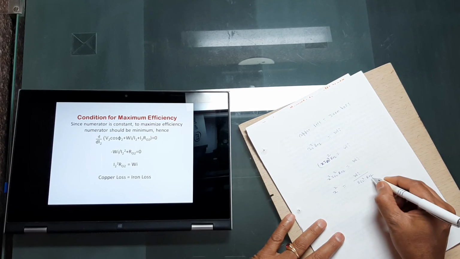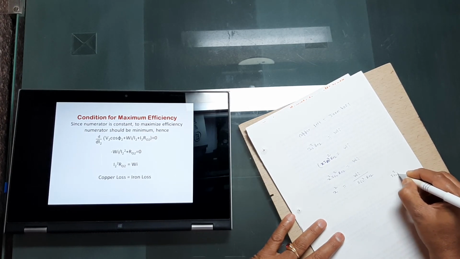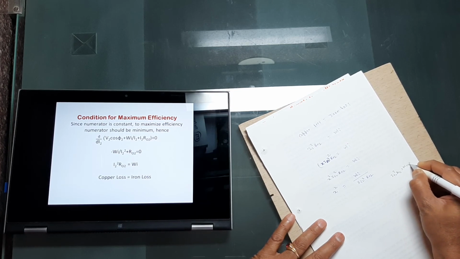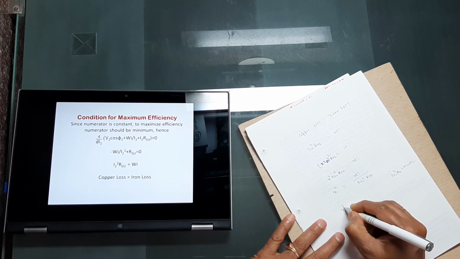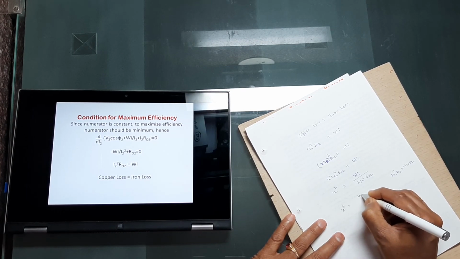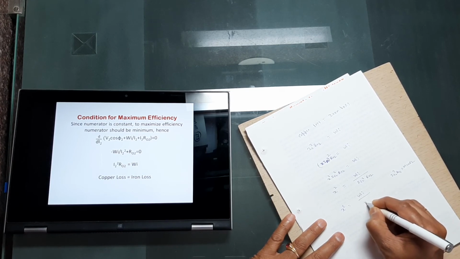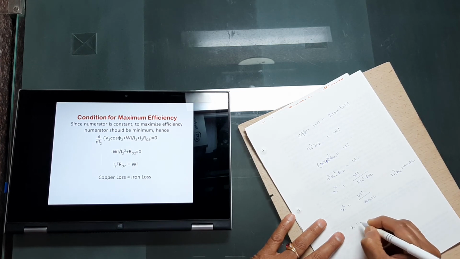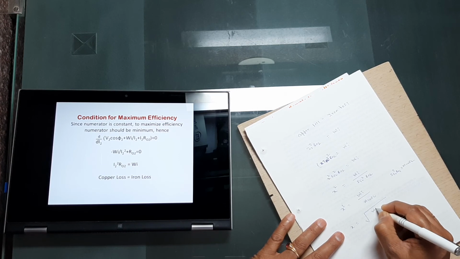What is I full load square into RO2? It is nothing but the copper loss at full load. Therefore, x square is equal to Wi divided by WCUFL, or x is equal to under square root Wi divided by WCUFL.